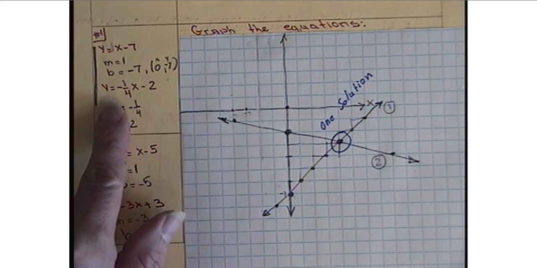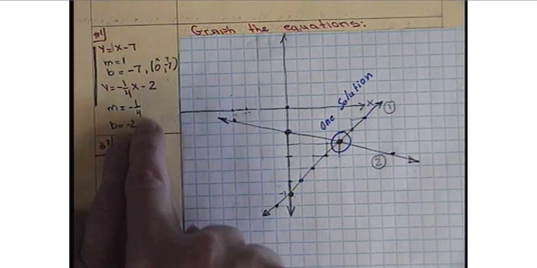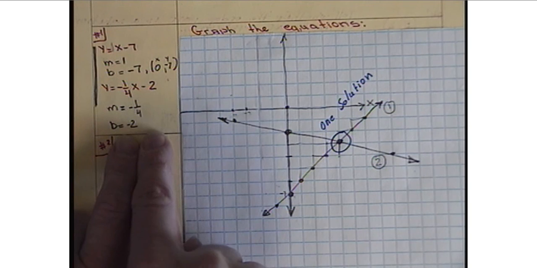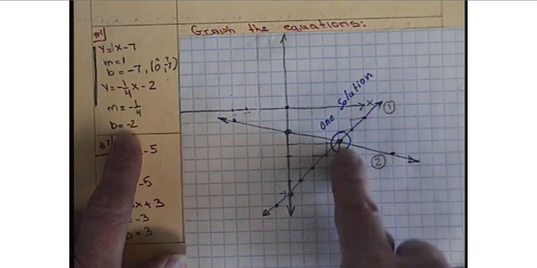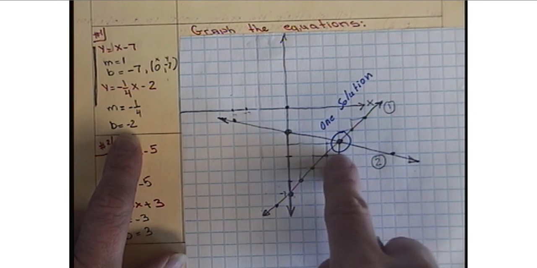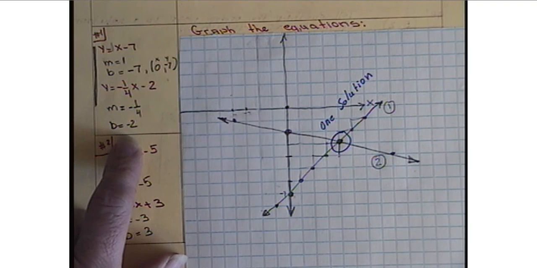Then you graph the first line on the graph. Next, you find out the slope and y-intercept for the second equation. You graph the second line. When the two lines intersect at one point, this point or this ordered pair is what we call the solution to the system. It's one solution to the system.